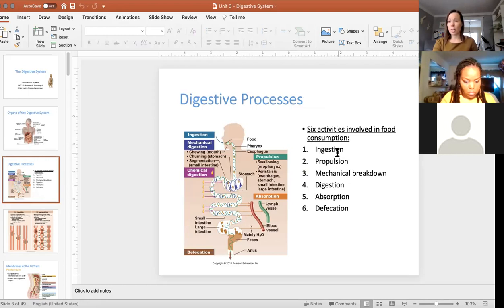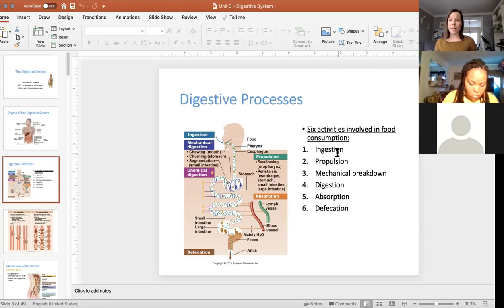Ingestion is basically eating. Propulsion is moving food forward through the digestive tract. The mechanical breakdown is physically chopping up or breaking apart pieces of food into smaller pieces. And then digestion, really that's the chemical digestion, and that involves enzymes.